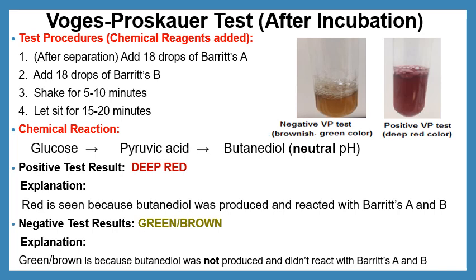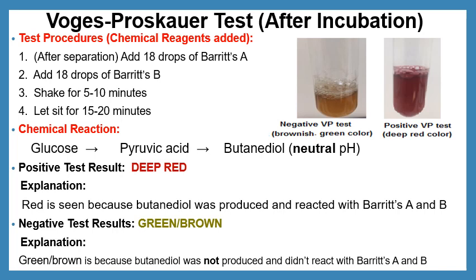In the Vogts-Proskauer test, the chemical reaction is glucose, which is still our MRVP broth, is going to be fermented or broken down into pyruvic acid. But now, instead of producing more acids, as we saw in the methyl red test, if the bacteria is able to produce alcohols, such as butanediol, a neutral pH will occur.